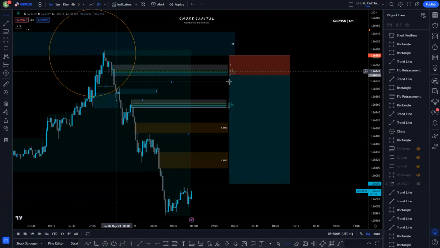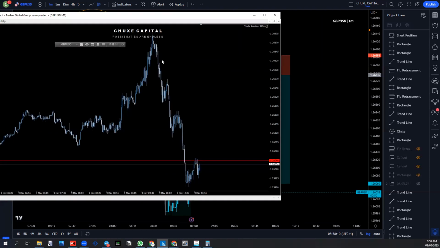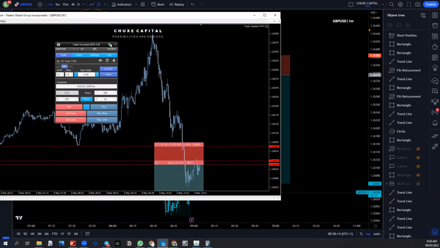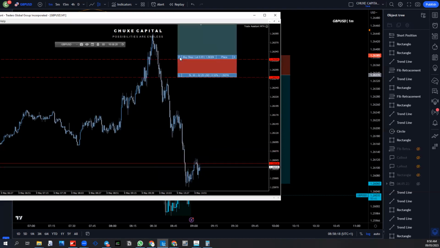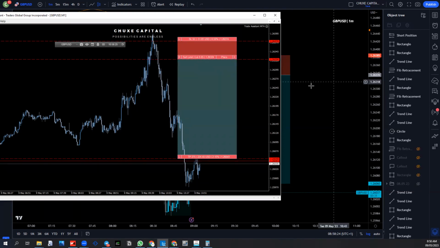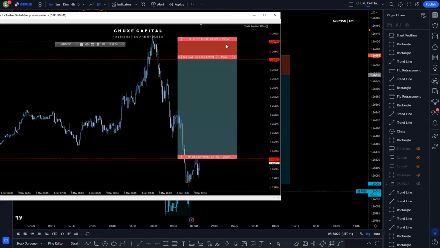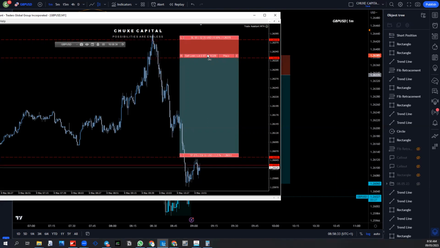Where is the, somewhere up there? It's around 1.26335. 1.263.